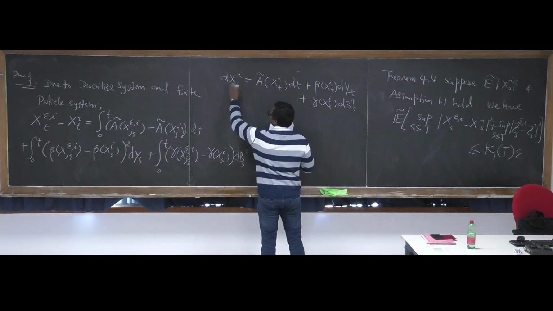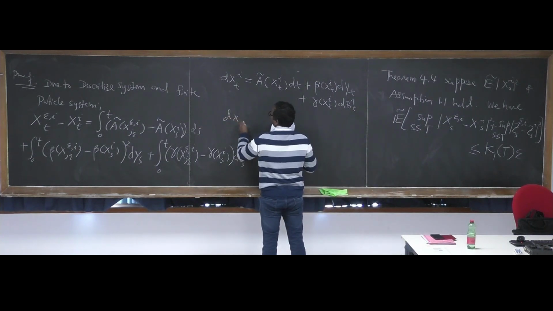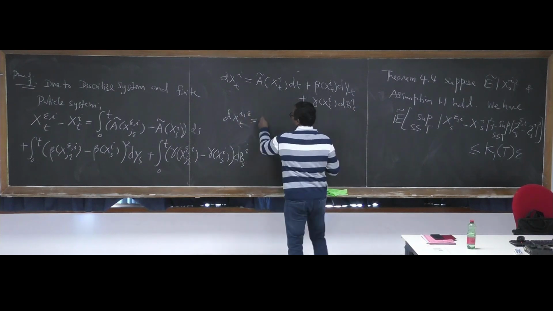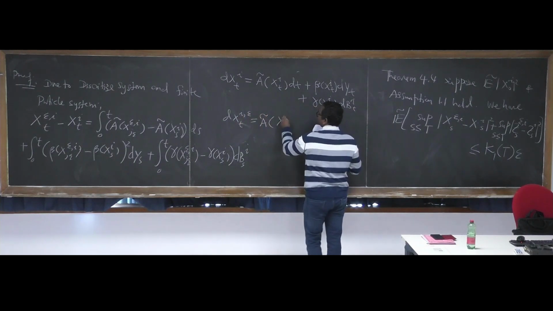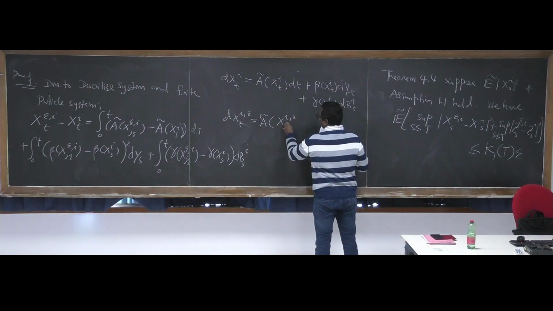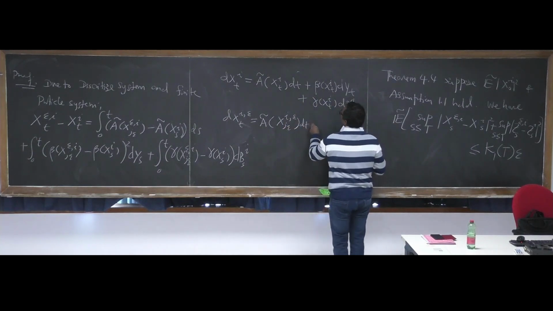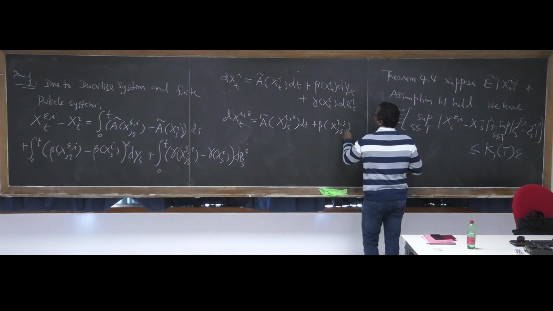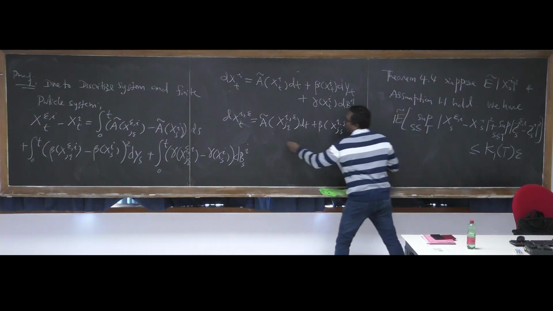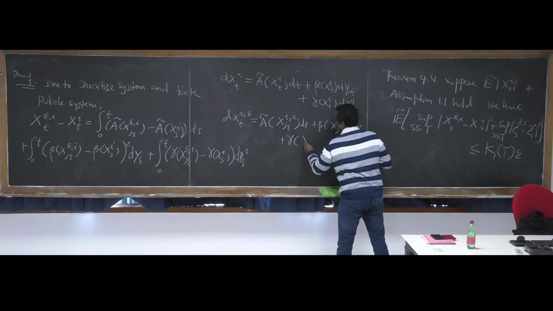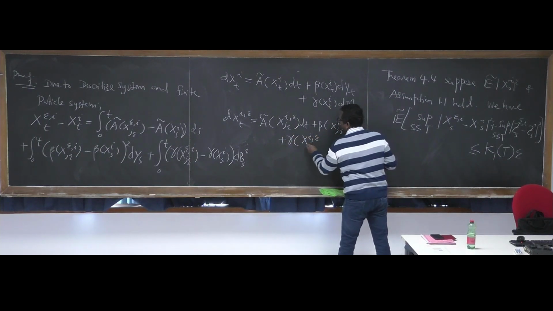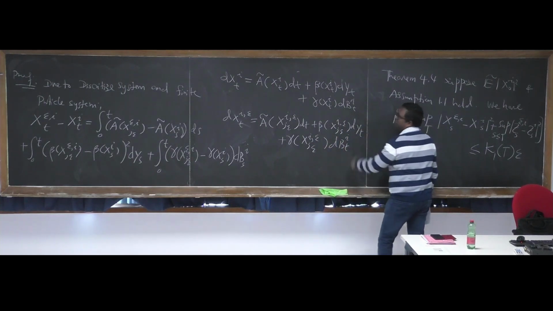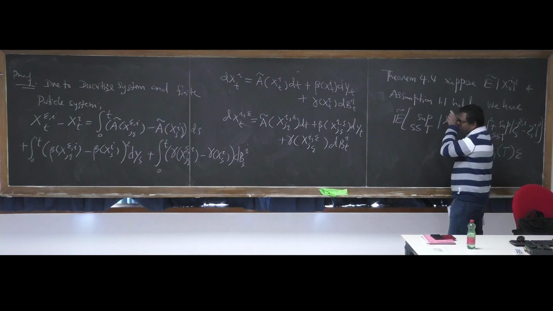And the discretized version is dX^{epsilon,i}_t equals A tilde(X^{epsilon,i}(j epsilon)) dt plus beta(X^{epsilon,i}(j epsilon)) dY_t plus gamma(X^{epsilon,i}(j epsilon)) dB^i_t.